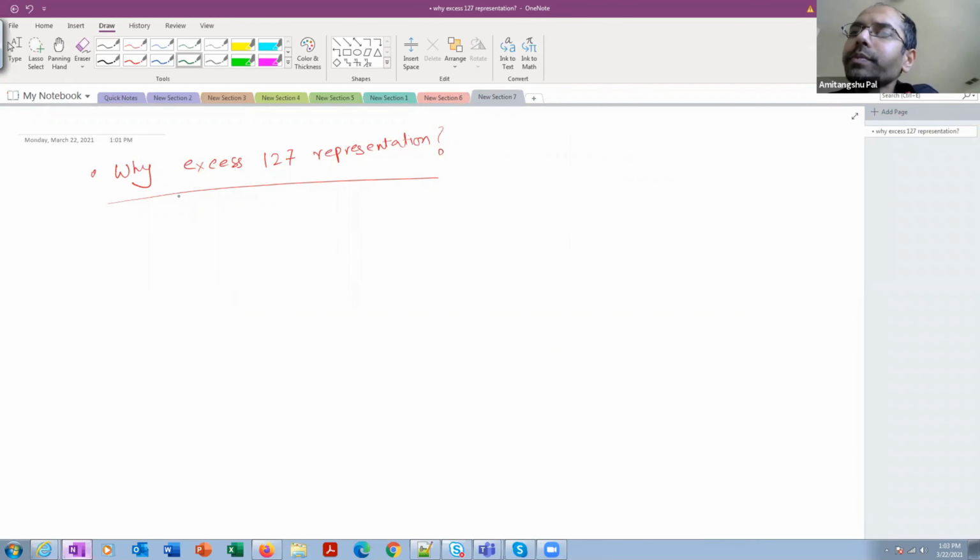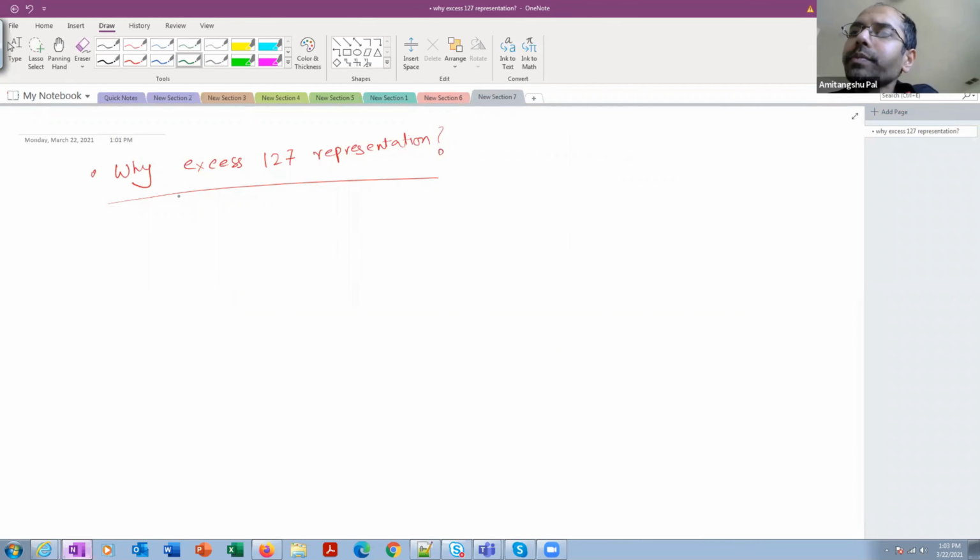Now let's see why we use the excess 127 representation. As I said, if I give you a binary string, the corresponding formula for converting into a decimal number is -1 to the power s into 1.m into 2 to the power e minus 127. Let's only concentrate on this 2 to the power e minus 127 term. As I said, the exponent cannot be all zeros or all ones.